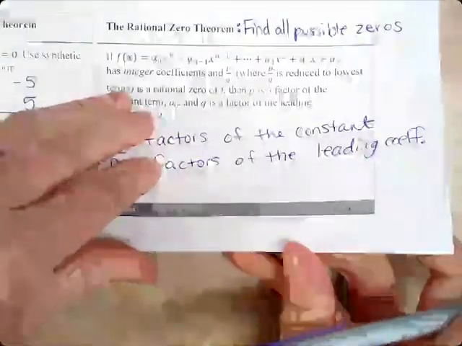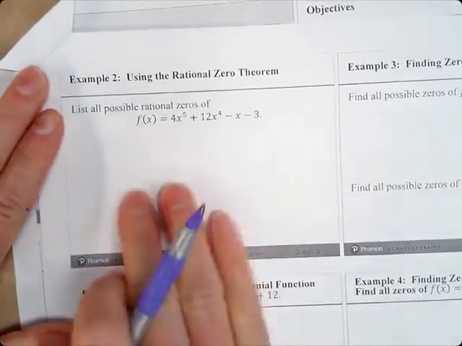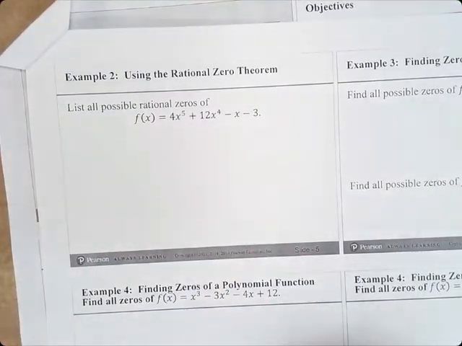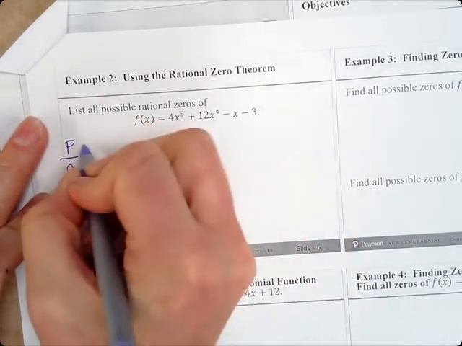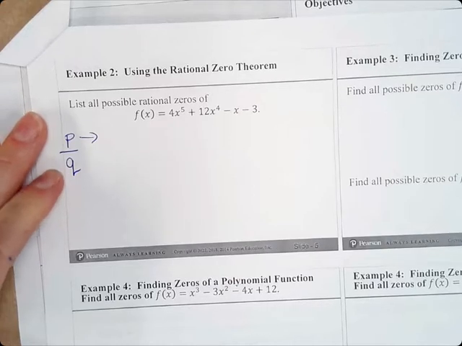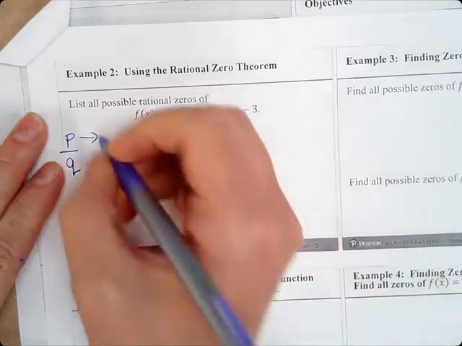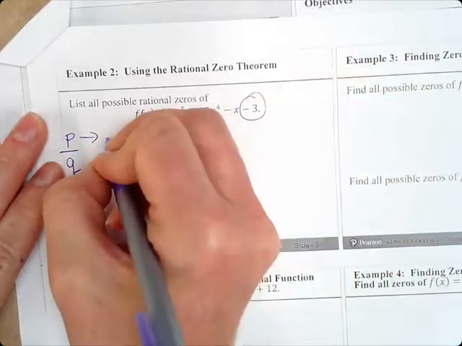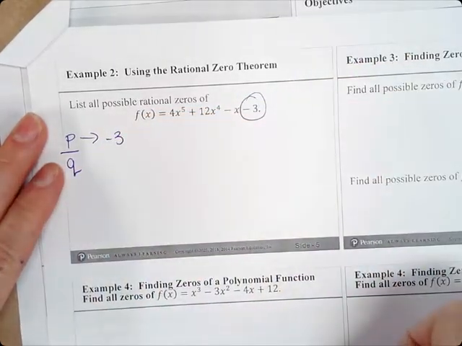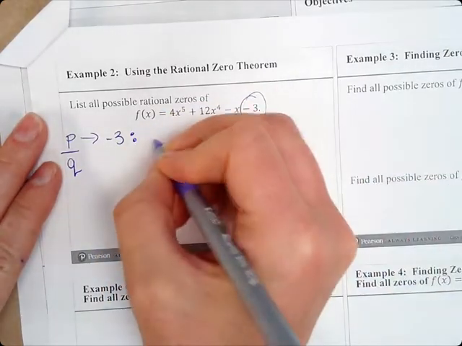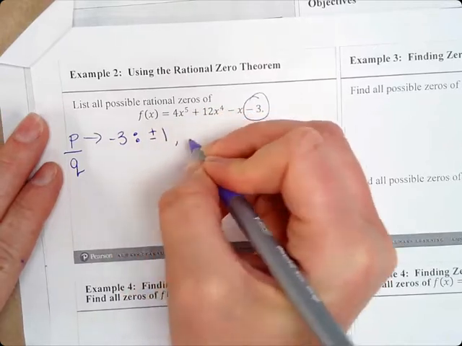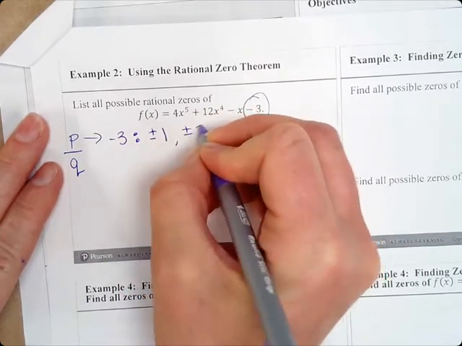We are going to list out all the possible rational zeros by looking at this first example. So it's p over q. Remember, p is all the factors of the constant. Our constant is -3. So what are the factors? Plus and minus 1, and plus and minus 3.